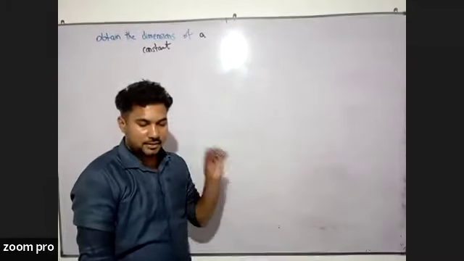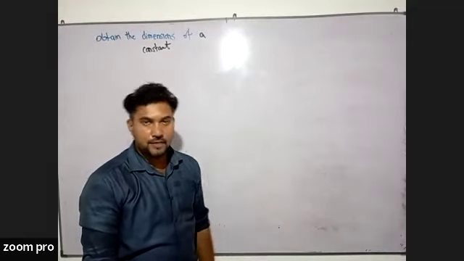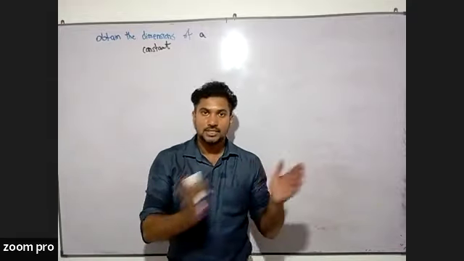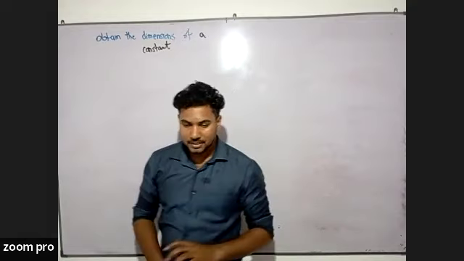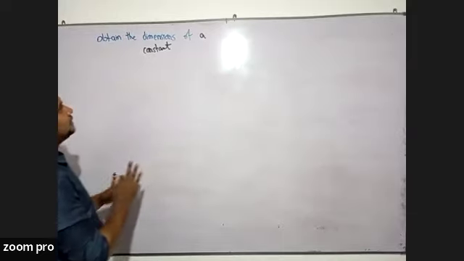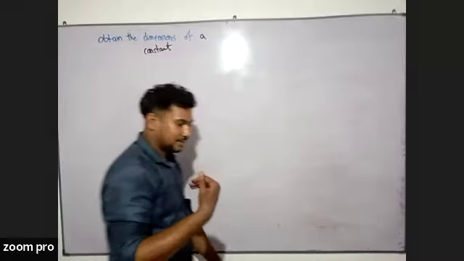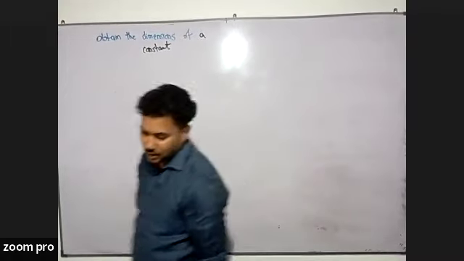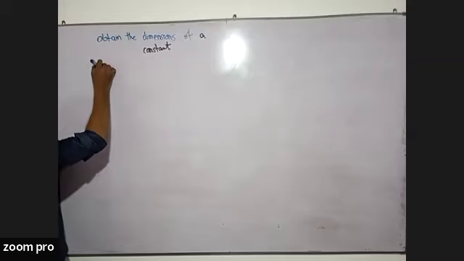The way that we obtain the dimensions of a constant is similar to the way that we obtain the unit of a constant, right? So you don't need to worry about an extra method. It's the same as what we did with the units, right? So let's find out this one. Let's take an example.